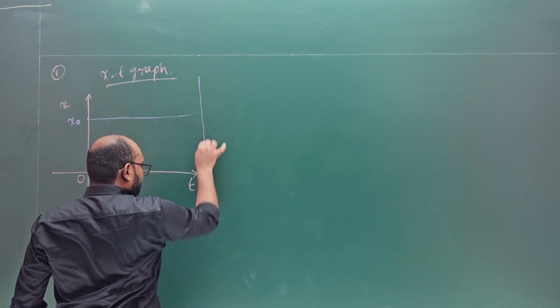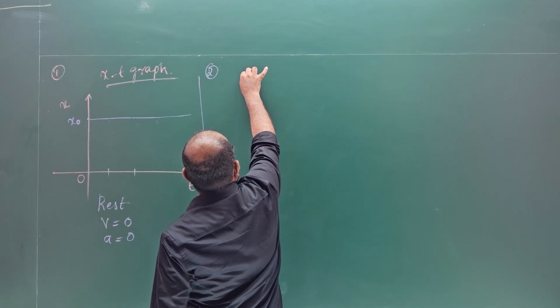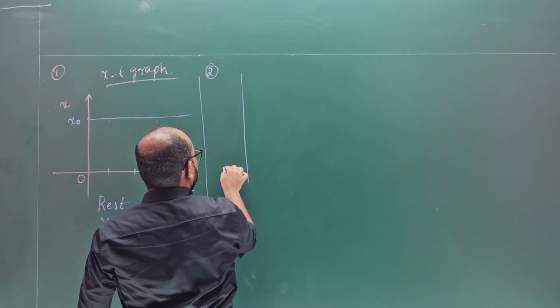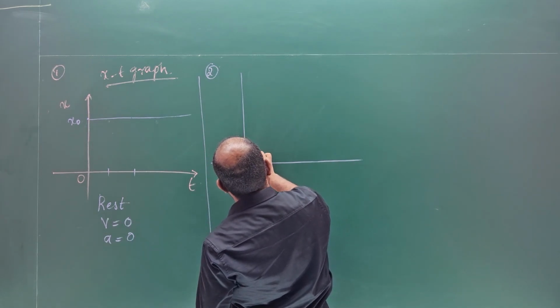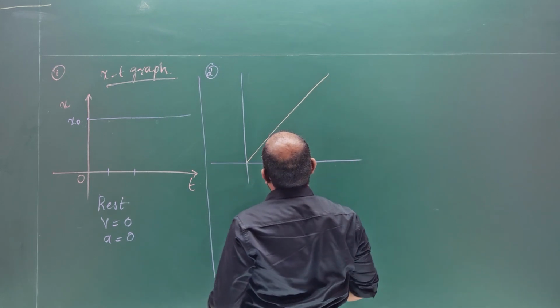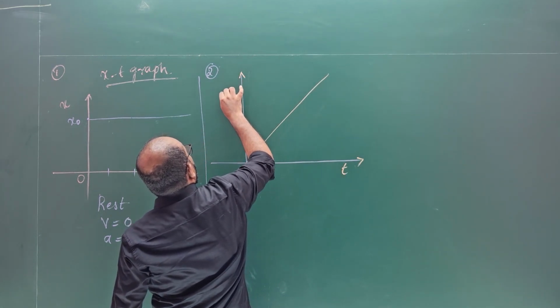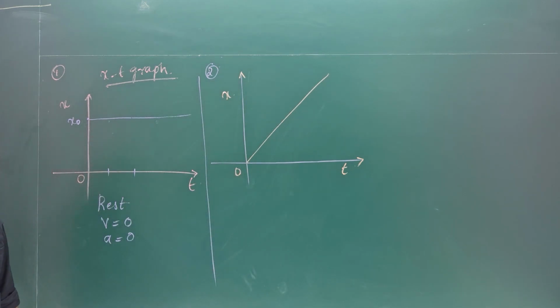Similarly, consider a graph like this, with this as your t axis and this as your x axis, and the origin.